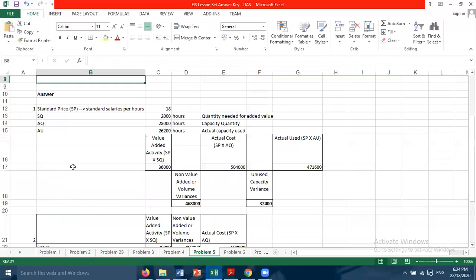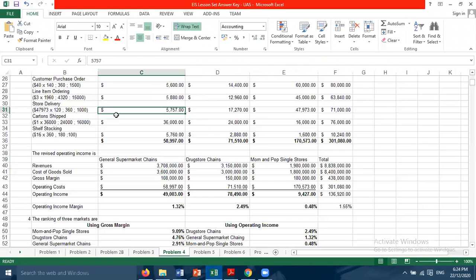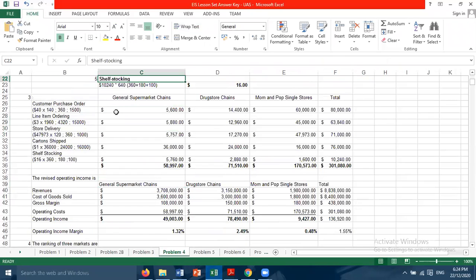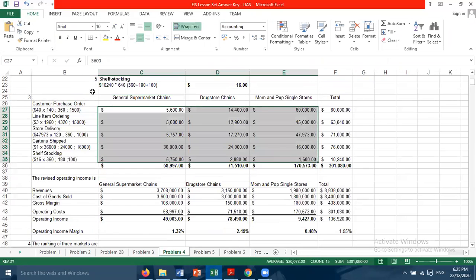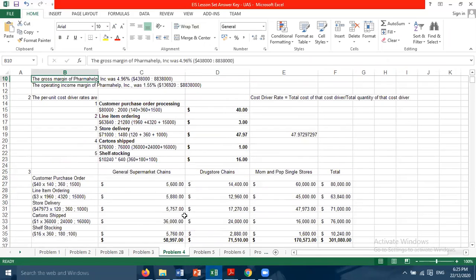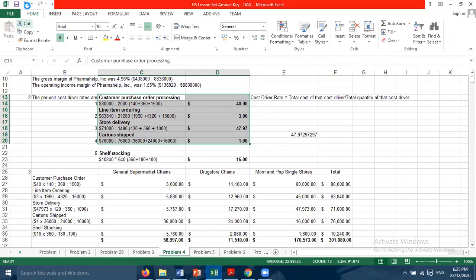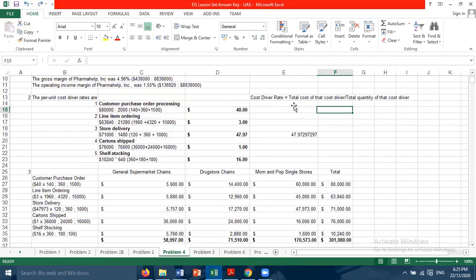Okay, so that wraps up activity-based costing and activity-based management. Maybe to sum it all up, activity-based costing is simply simple costing. However, we just make it more specific, or we divide it into more activity areas, like in this case. Whereas for simple costing, we tend to use only one cost driver rate instead of many here.